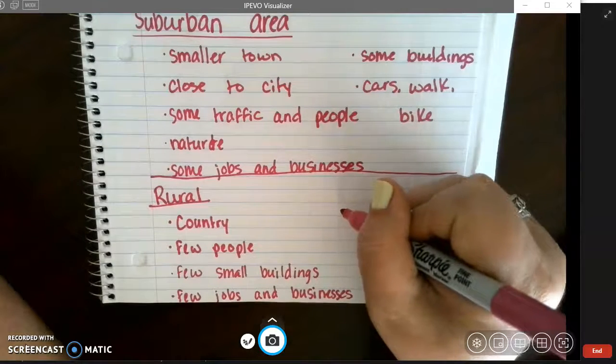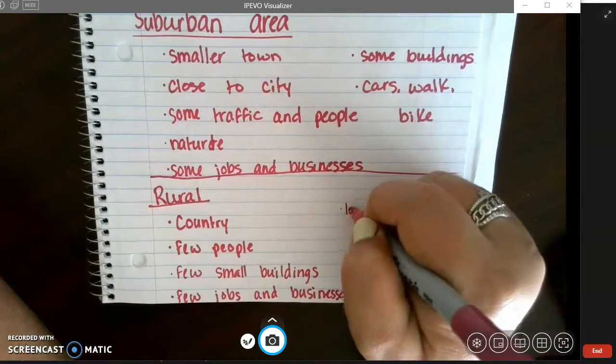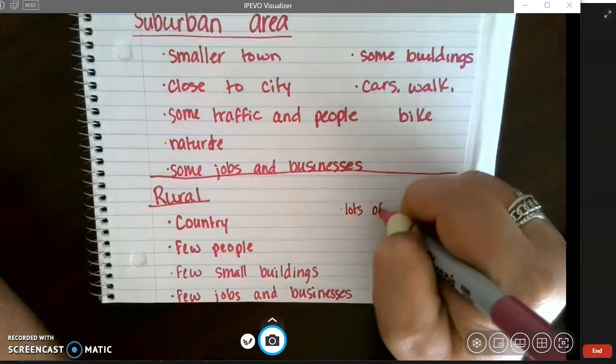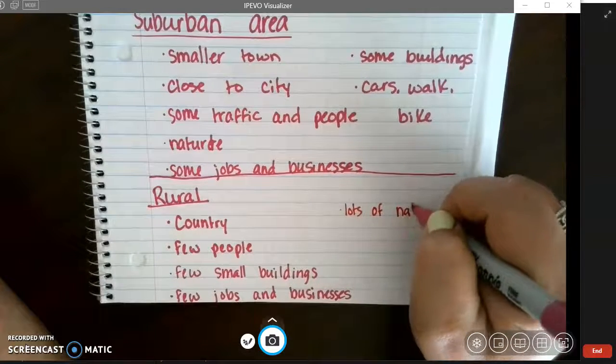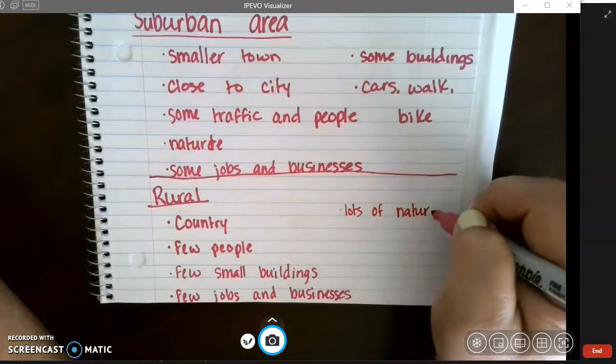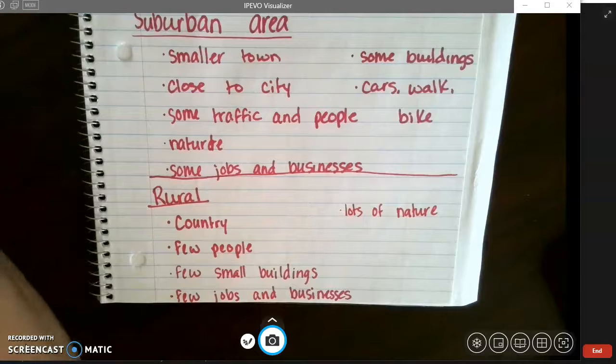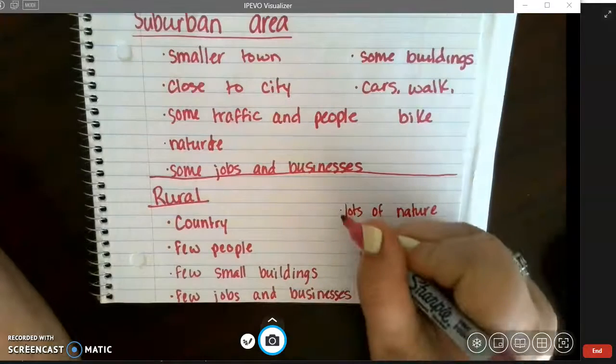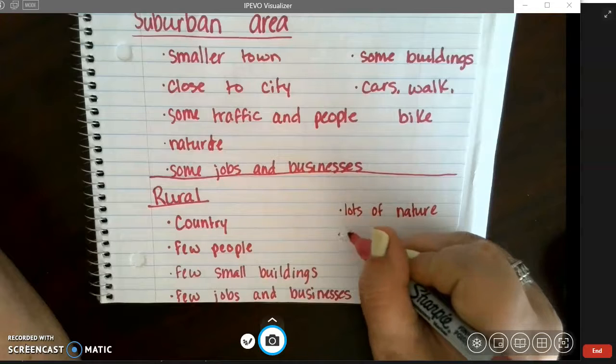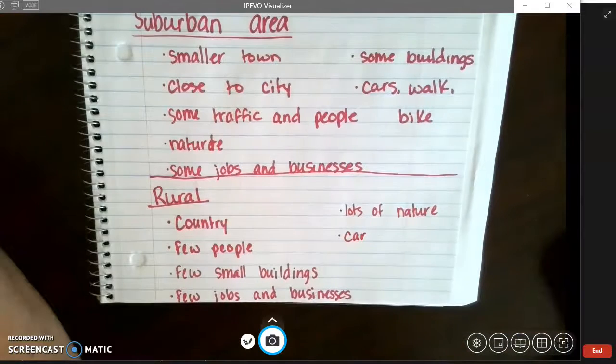Speaking of trees, there's lots of nature in rural areas, whether it's trees or farmland, some way or another. To get around, you really have to use a car because everything is too far to walk.